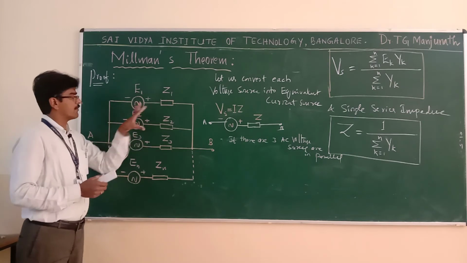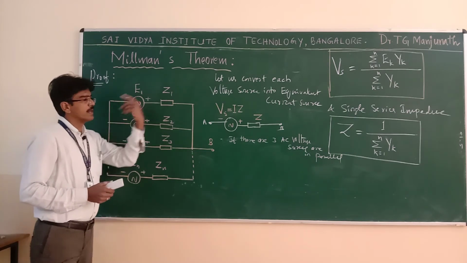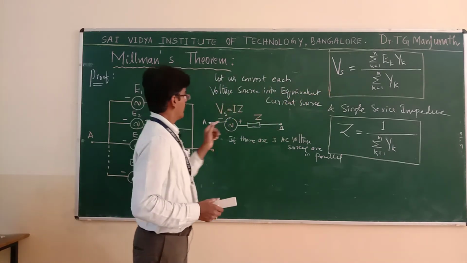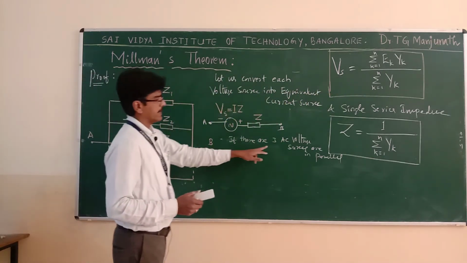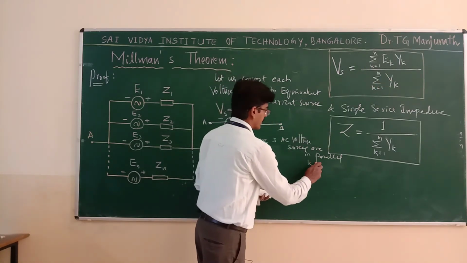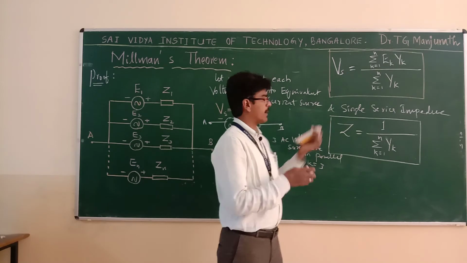I want to convert these 3 AC voltage sources into a single voltage source. Then how to make use of this formula? When there are 3 AC voltage sources, K becomes 3 here. So K is equal to 3. Then how to write this formula?